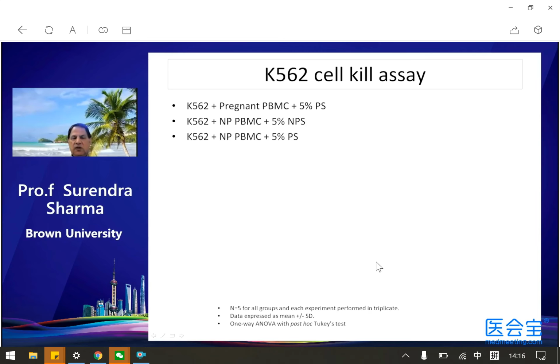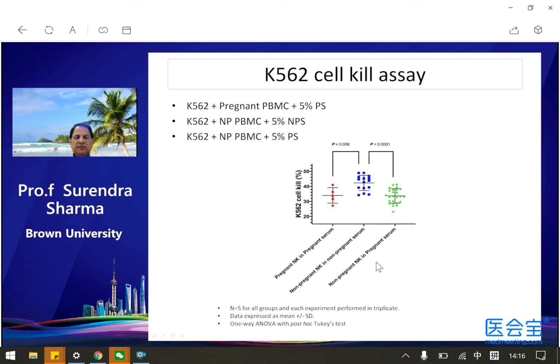Then we repeated these experiments in the presence of serum from pregnant women or from non-pregnant women. This is the data again. You can see pregnant NK cells in pregnant serum have quite reduced cytotoxic activity compared to non-pregnant NK cells in non-pregnant serum.